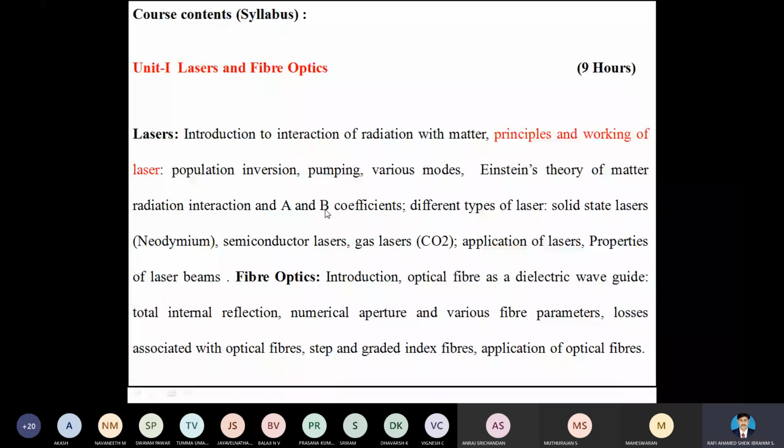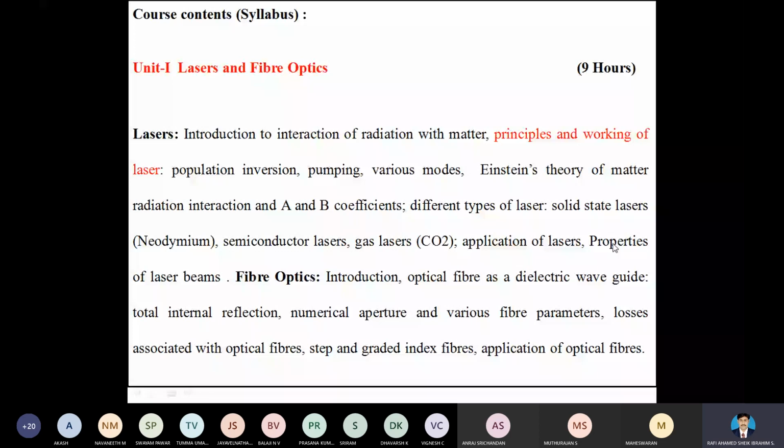From these, we are going to consider 2 types of laser, solid state laser and gas laser. For solid state laser, we are going to have neodymium, yttrium, aluminum, garnet laser. In simple way, we call this Nd:YAG laser. And for gas laser, we are going to consider CO2 laser. Then applications of laser and finally properties of laser.